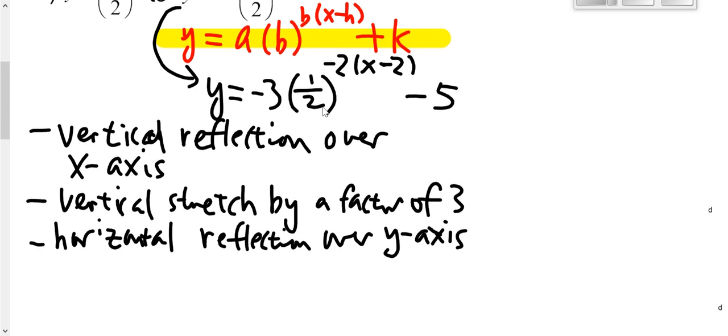And again, anything related to horizontal stuff is inside the function. Anything related to the y stuff, the vertical stuff, is outside the function, either in front or at the back. Alright, so the 2 means the b is 2.